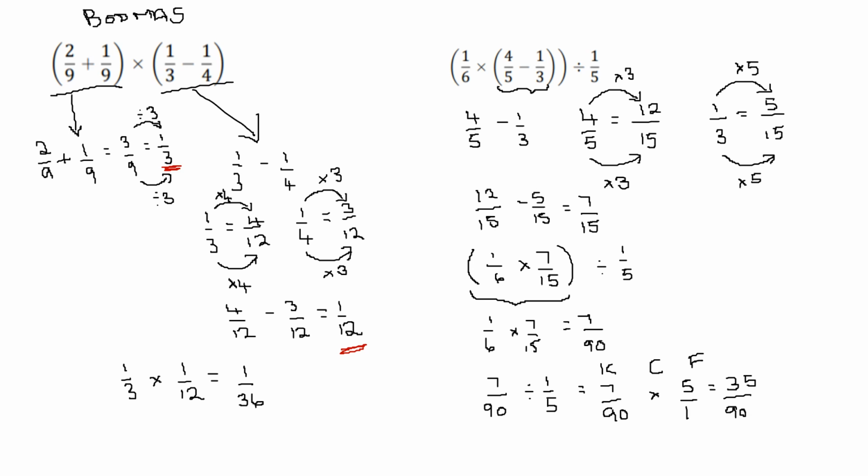And I can simplify that because 35 and 90, 35 ends in a 5, 90 ends in a 0. That means that I can divide them both by 5. So if I divide 90 by 5, I'm going to get 18. And if I divide 35 by 5, I'm going to get 7. So my answer to that calculation is 7/18.